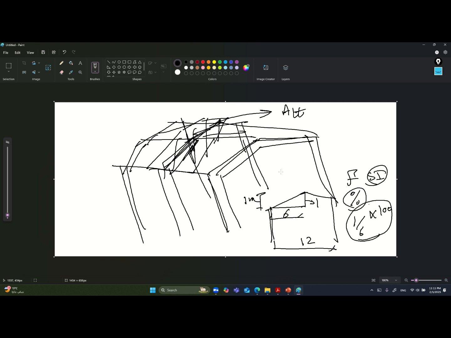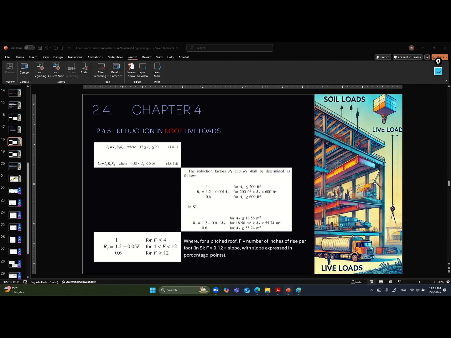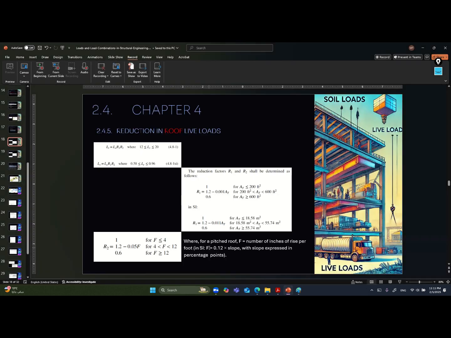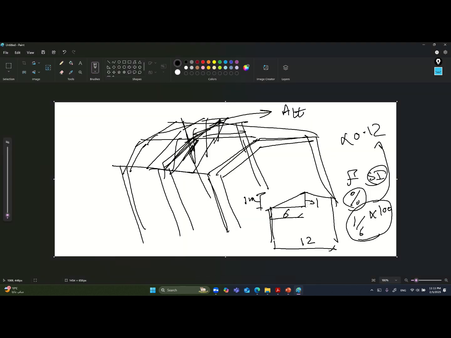Okay, that is the percentage, and this one will need to be multiplied by 0.12 as mentioned here. That is the slope. So after getting the slope, which is corresponding to 1 divided by 6 multiplied by 100 multiplied by 0.12 in SI units.